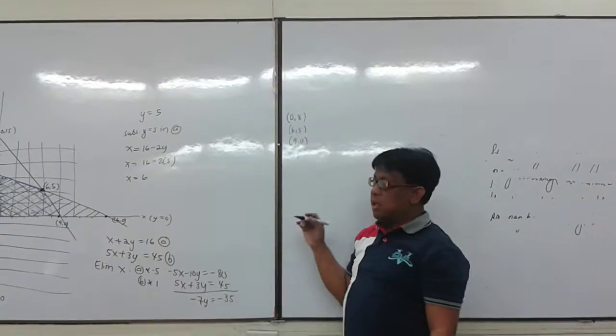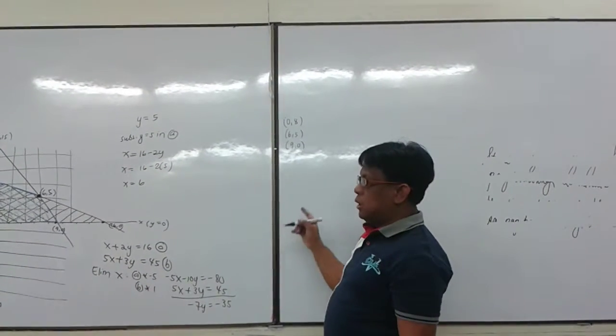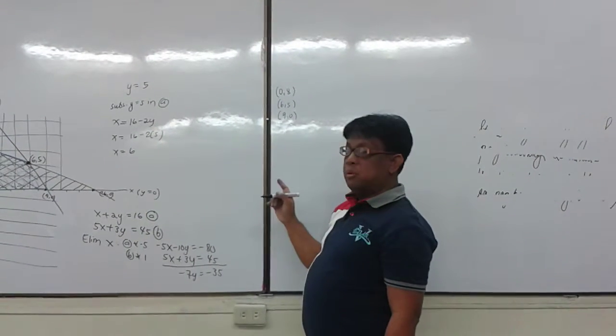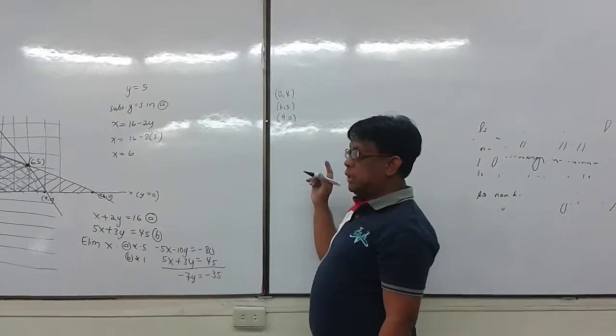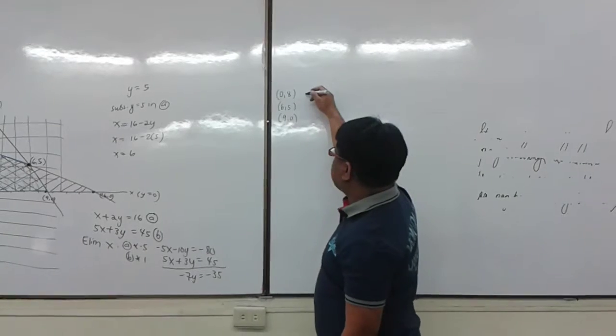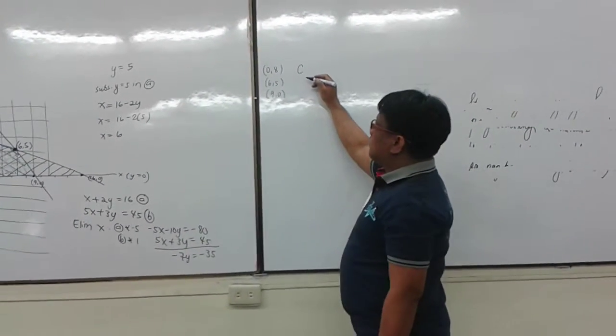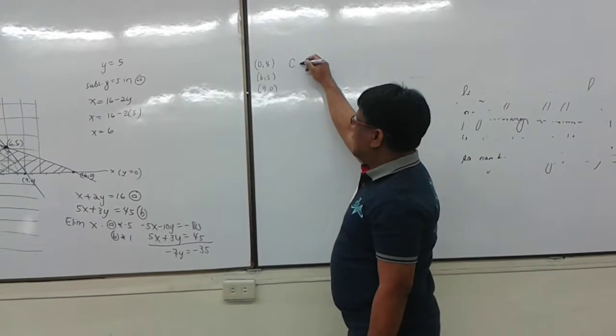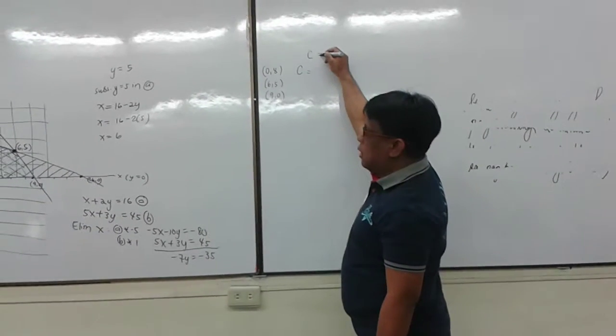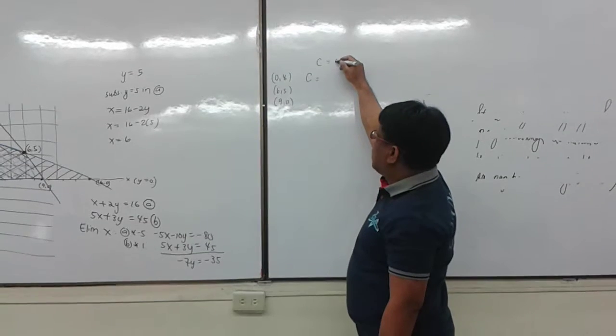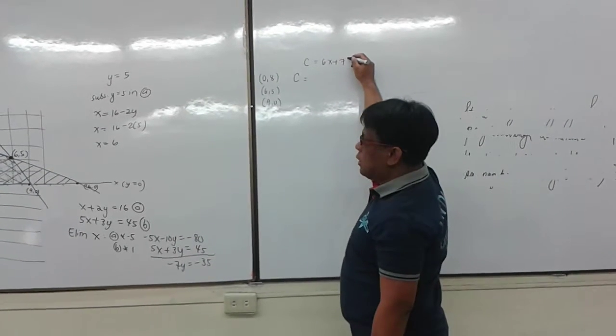We will not include 0, 0 anymore because the result will not be the maximum, since the cost will be 0. Let us now define the cost using the equation from a while ago, which is C equals 6x plus 7y.